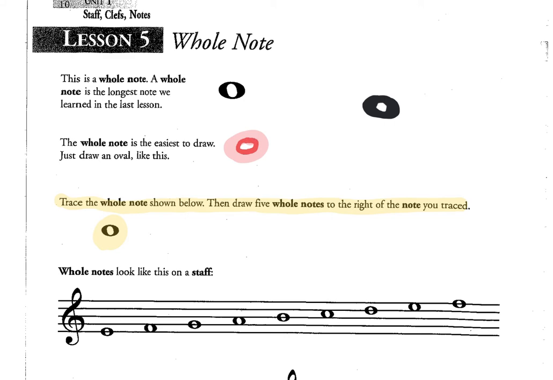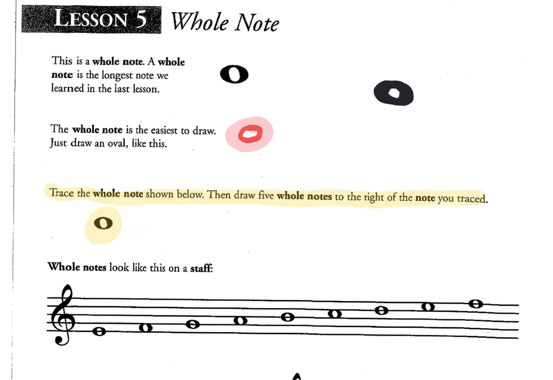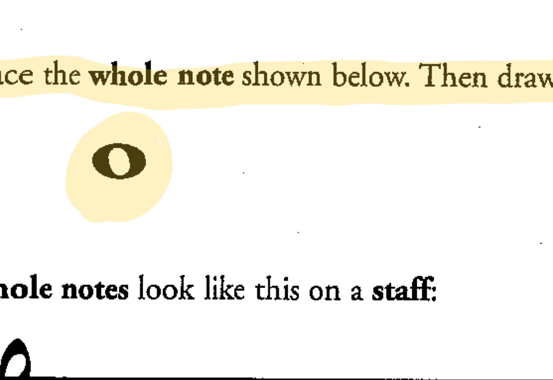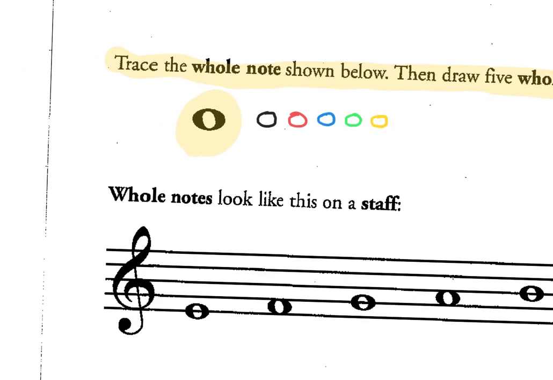And when you're ready, down below, I'd say that would be a good time to draw five more next to this one. So here we go. I'm going to draw in different colors again. So oval, one, doesn't have to be fancy, two, three, four, and five. I know. Some of you are probably thinking, well, it just kind of looks like an O or a zero.